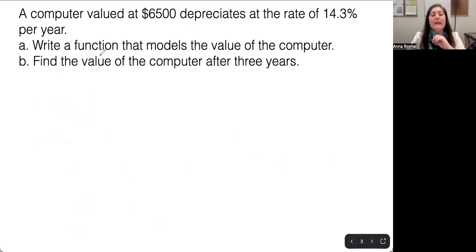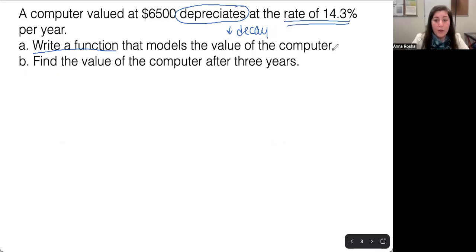Word problems. There's a few things that you can be asked to do in word problems. First is write a function. Okay, that's fine. We know that something is depreciating. Depreciating means it's going down. So this is going to be a decay. We know that the rate is 14.3%.